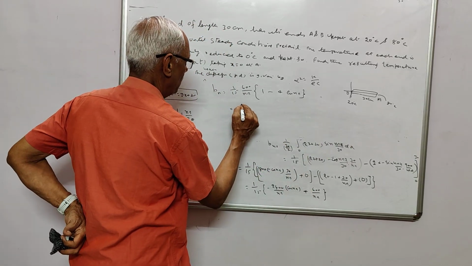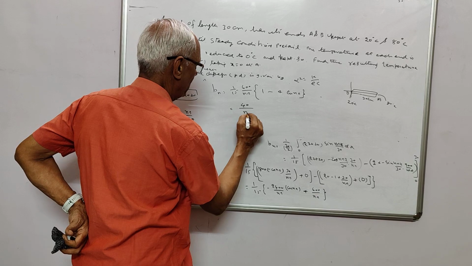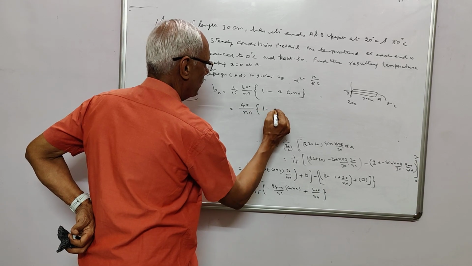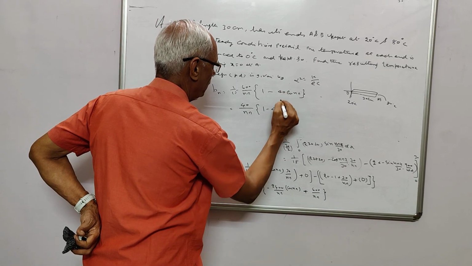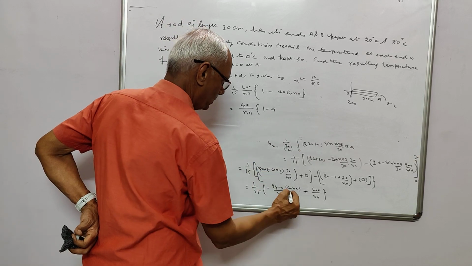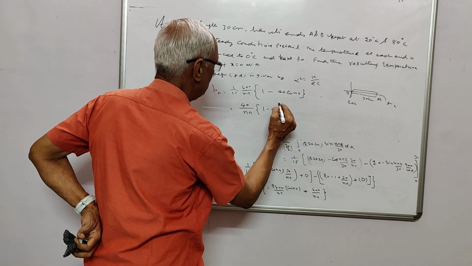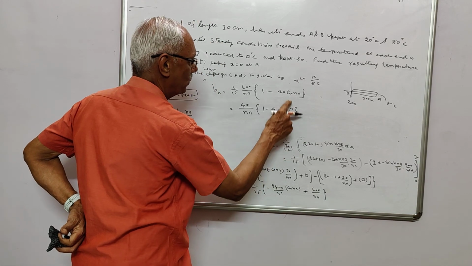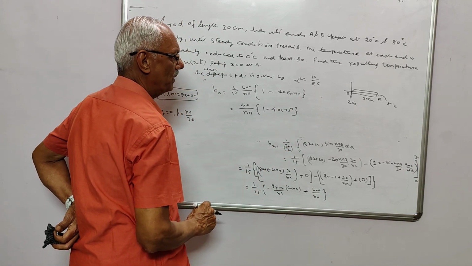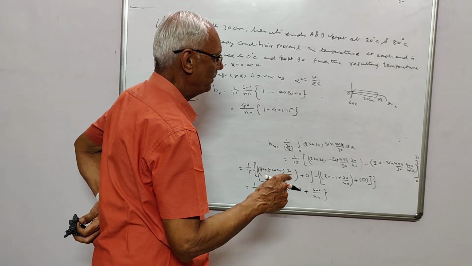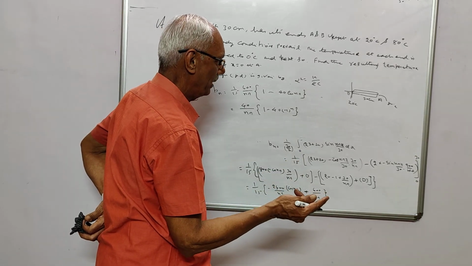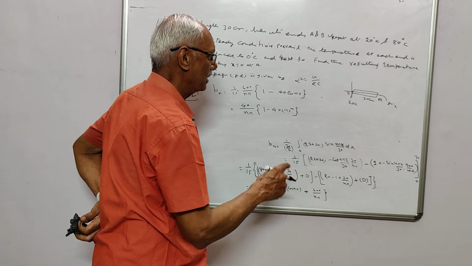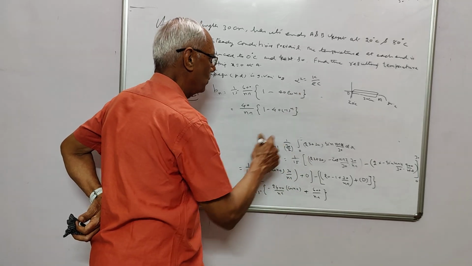This is equal to 40 divided by nπ into 1 minus 4 into (minus 1) to the power of n, because cos(nπ) is alternately, if you give 1 it is minus 1, if you give 2 it is plus 1. So like that it takes the value.